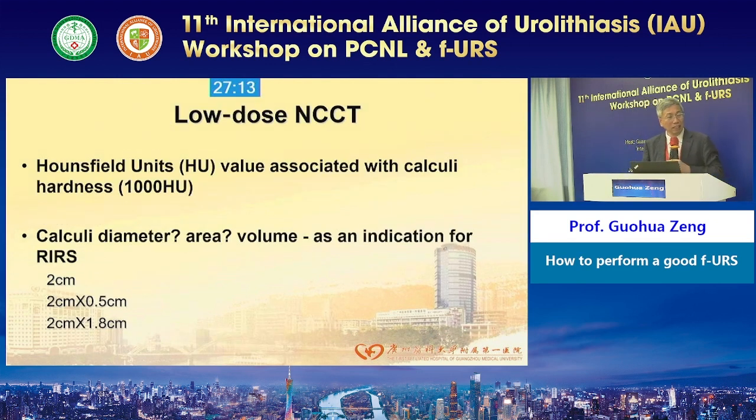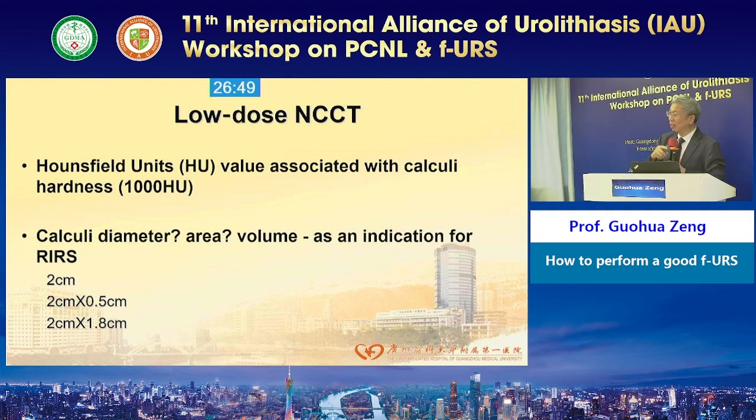On the other hand, with low dose CT you can check stone hardness. For younger urologists who have started to do flexible, you must remember stone hardness is very important. Sometimes a stone is less than 600 HU, maybe it is really easy for you.